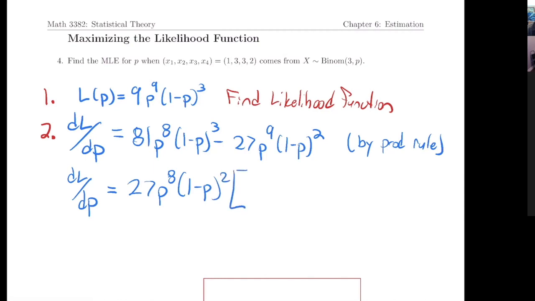So I'm going to just factor 27 p to the 8th times 1 minus p squared out of each of these two terms. So we've got this one. And I've got this one.